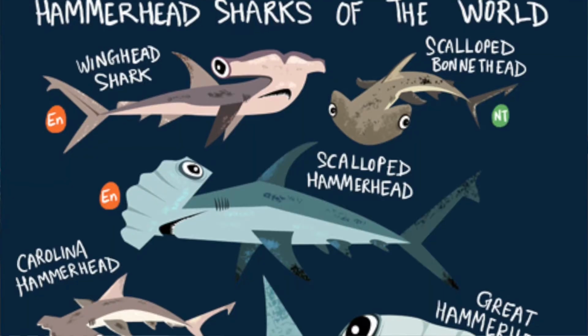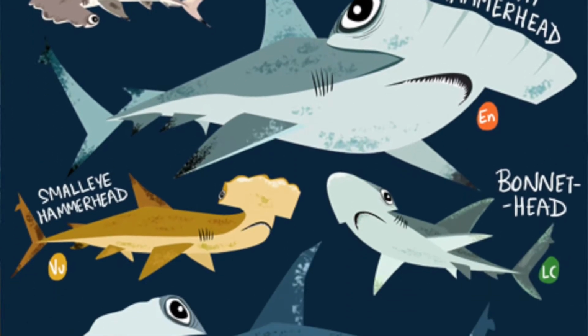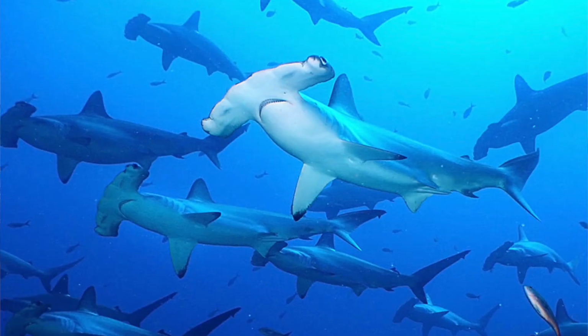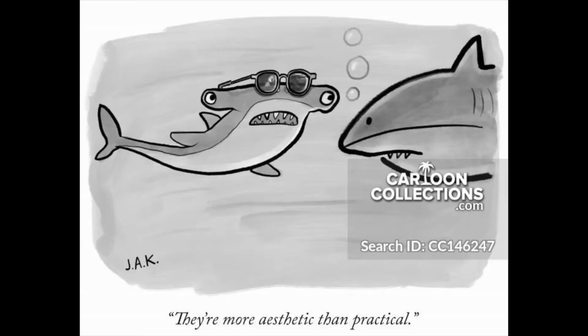There are 9 species of hammerhead sharks, and the great hammerhead shark is the largest of those species, and they can grow an average of 13 feet and weigh around 500 pounds. That is a very, very large shark. I hope you think hammerhead sharks are as cool as I do.